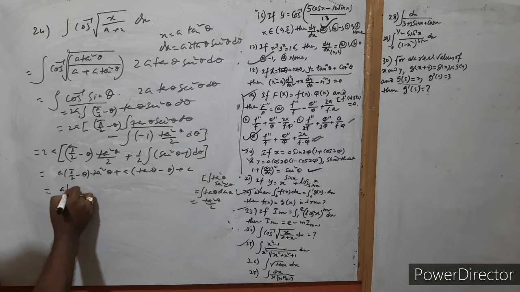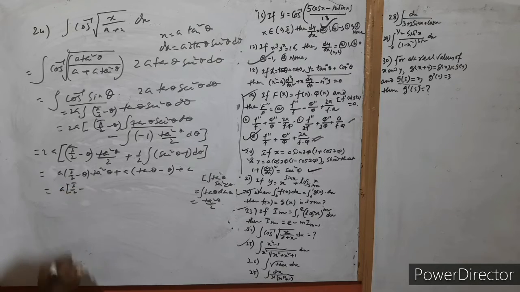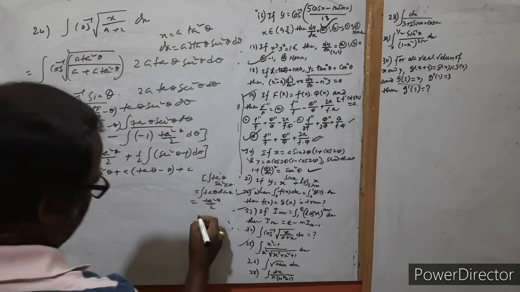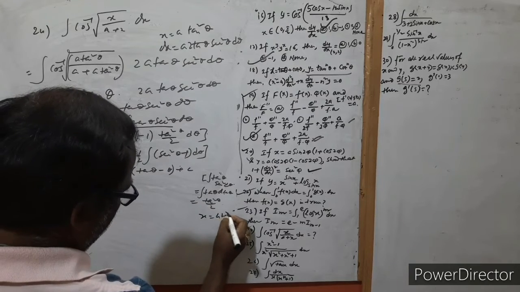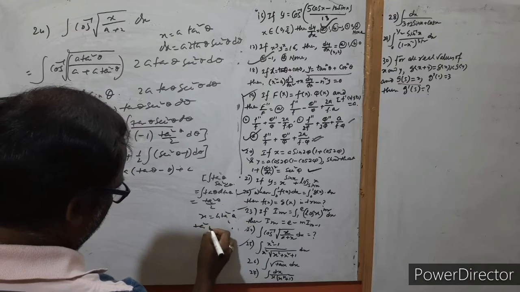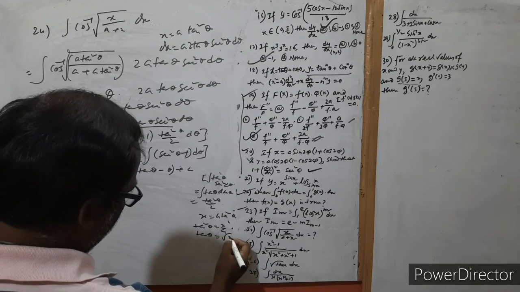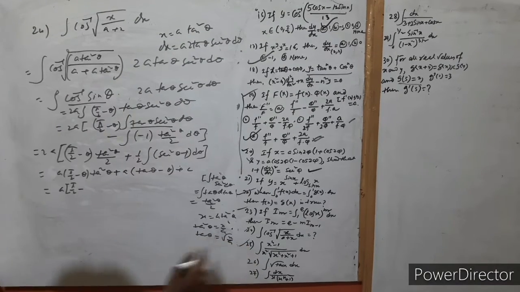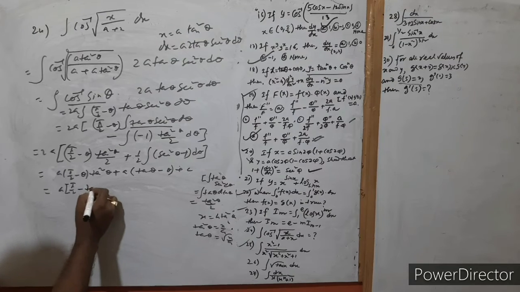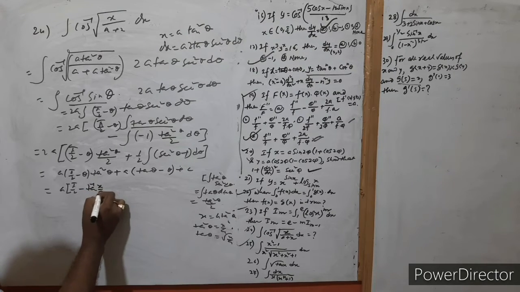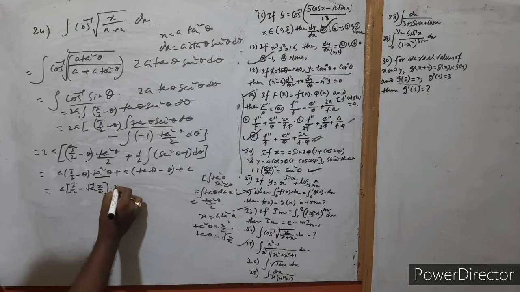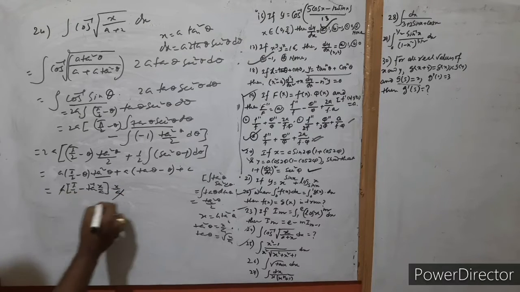So this is a into π/2 minus θ, and let us assume x is equal to a tan square θ. So tan square θ is equal to x by a. So tan θ is equal to root over x by a. So we can write θ equal to tan inverse root over x by a. So tan square θ means this is x by a. So here a cancel.